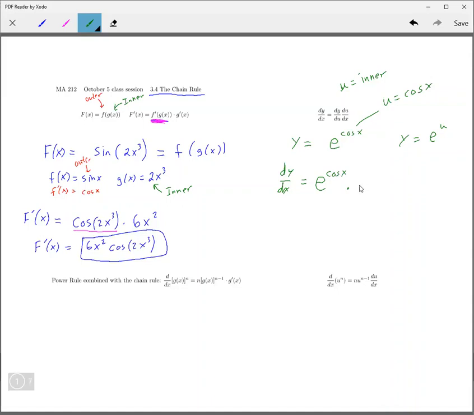The derivative of cosine is negative sine. So that's going to be negative sine x times e to the cosine x. That's an example of doing it that way. One advantage of this notation is that, although it's not really multiplication, you can think of it as multiplication and think that the du's cancel, and we get dy dx.